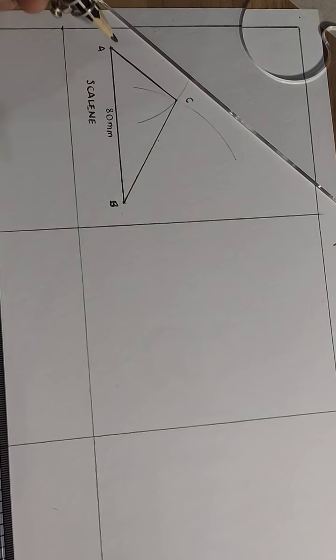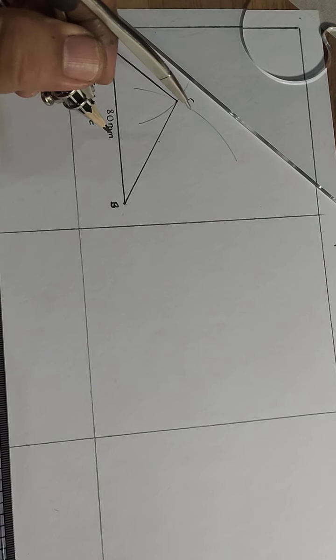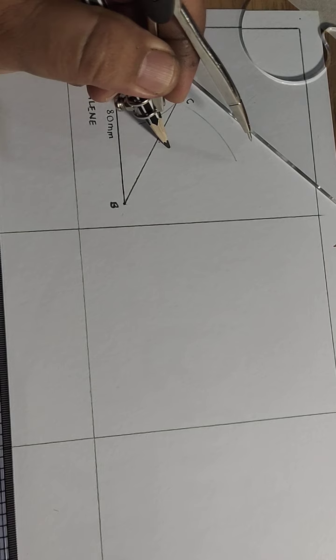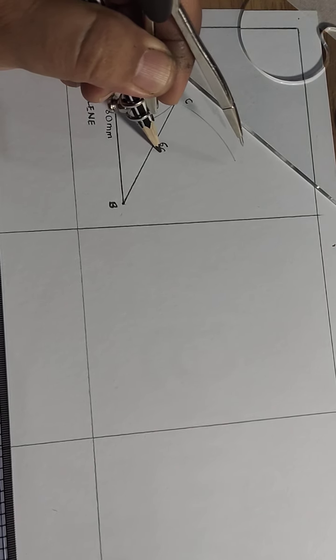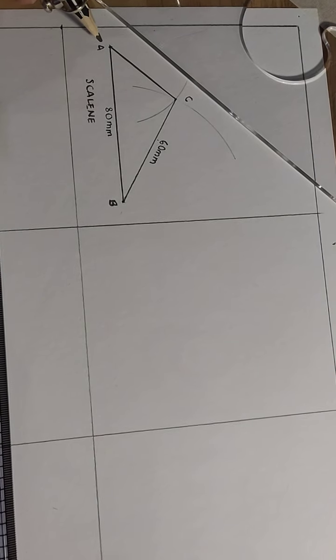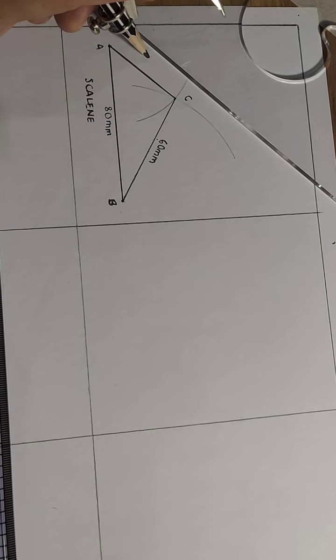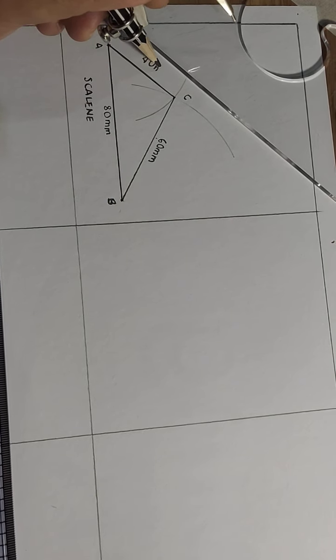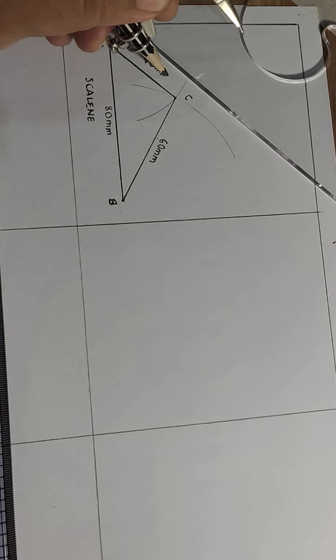AB is equal to 80 millimeter, BC is equal to 60 millimeter, and AC is equal to 40 millimeter. That is a Scalene triangle.